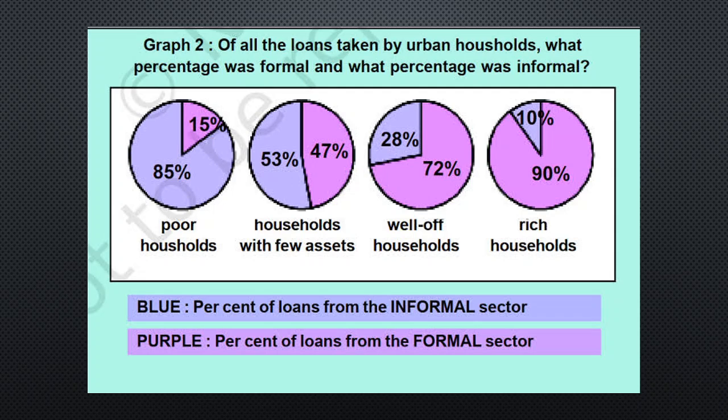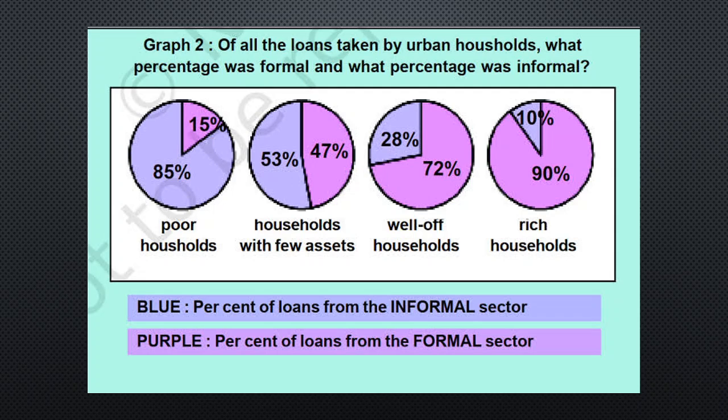And a similar pattern is also followed in the rural areas. The rich households are getting cheap credit from the formal lenders, whereas the poor households have to pay a large amount for borrowing. They get loans only from the informal sector, because 85% of the loans are taken by the poor households from the informal sector.